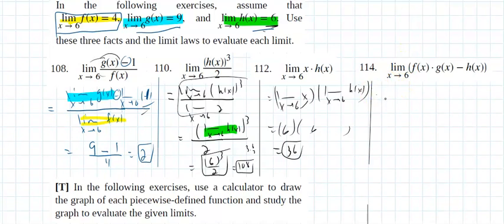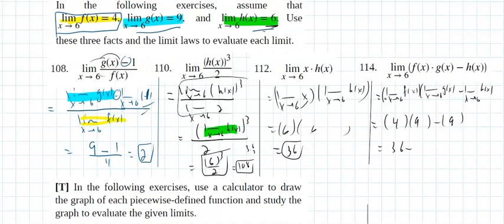And if I take this, that's going to be what? Limit as x approaches 6 of f of x, limit as x approaches 6 of g of x, minus the limit as x approaches 6 of h of x. And that is, so f of x was the yellow, g of x was the green, the blue, and the green.